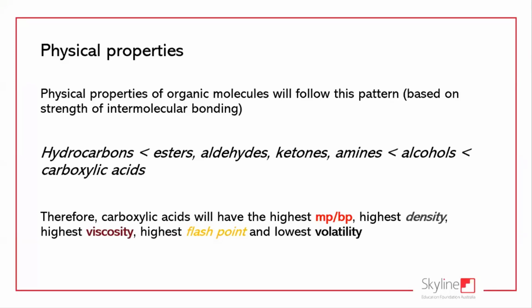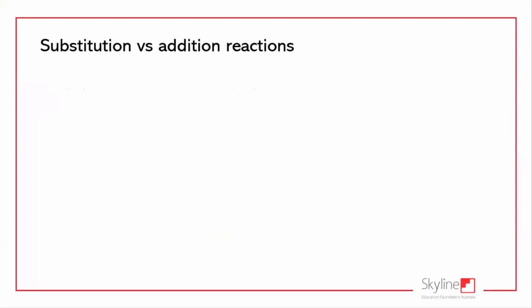So because a greater amount of energy is required to separate carboxylic acid molecules from adjacent carboxylic acid molecules, they're going to have the highest melting point and boiling point, highest density, highest viscosity, highest flash point, and lowest volatility.